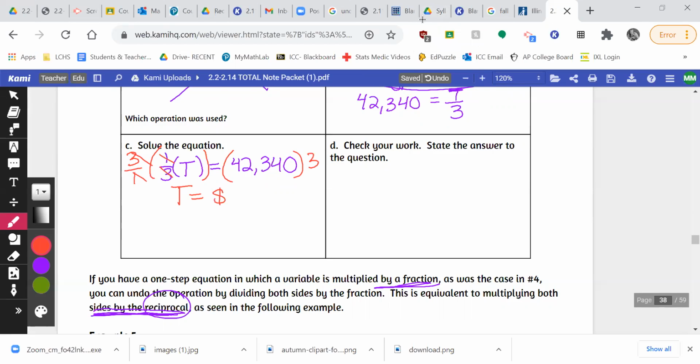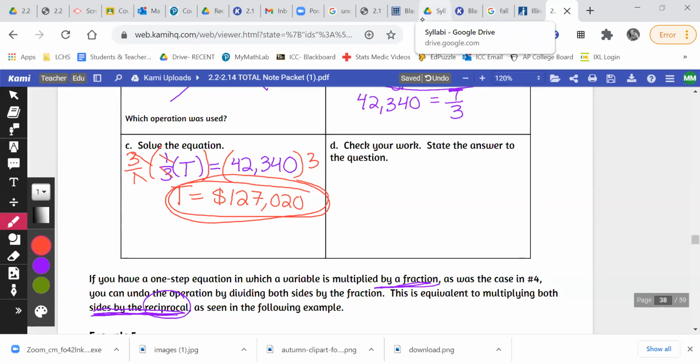So I get $127,020. We're going to ask ourselves, does that make sense? Well, does that seem reasonable, that 42,340 is a third of the true value of $127,020? Yes.